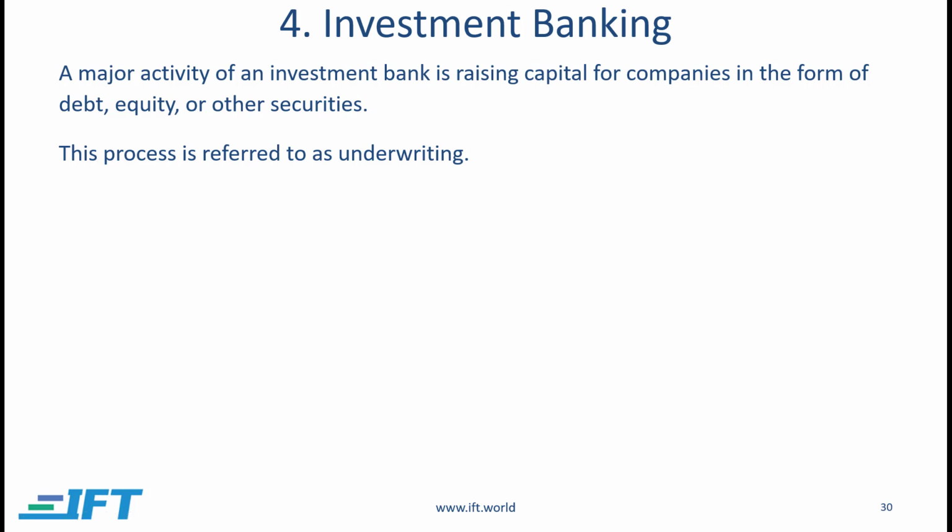Investment banks do a number of things, right? The biggest thing we're going to discuss first is, over here it's written that this process is referred to as underwriting, but what I would say is that this process is referred to as origination.